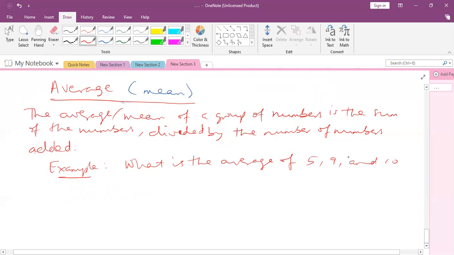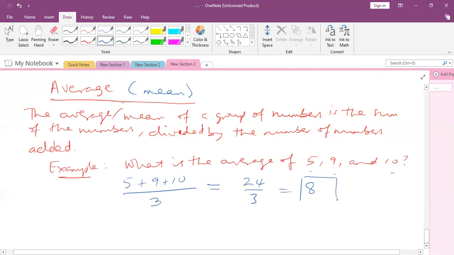What we have to do here is add all the numbers, so 5 plus 9 plus 10, and then divide by how many numbers we have: 1, 2, 3. Three numbers. So we divide by 3. This will be equal to 24 divided by 3, and that gives us 8.